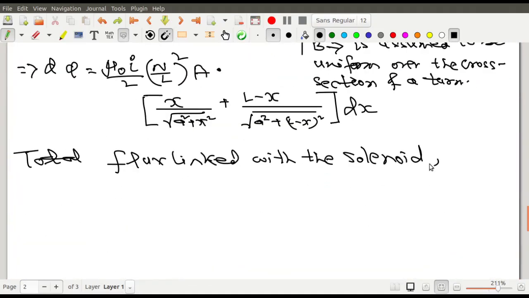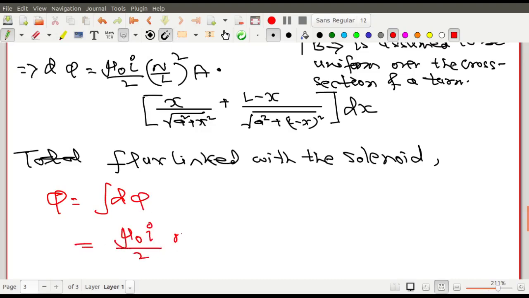Total flux linked with the solenoid: how much total flux can link with this solenoid? So that is phi equals the integration of d phi. Let us perform this integration very quickly because this is just mathematics.